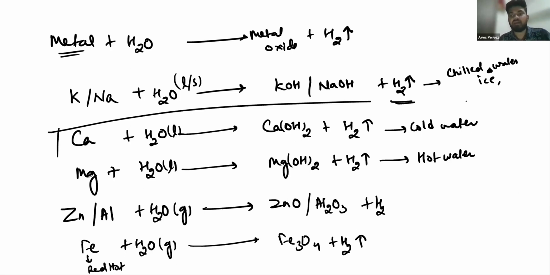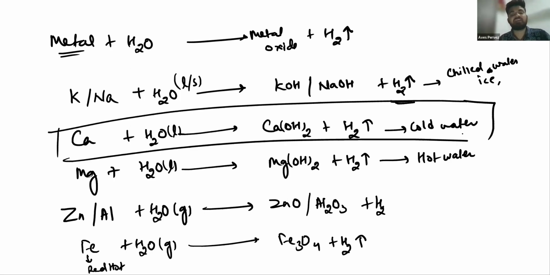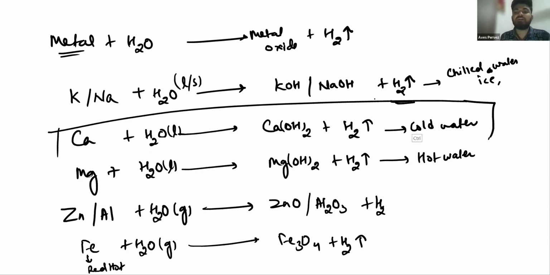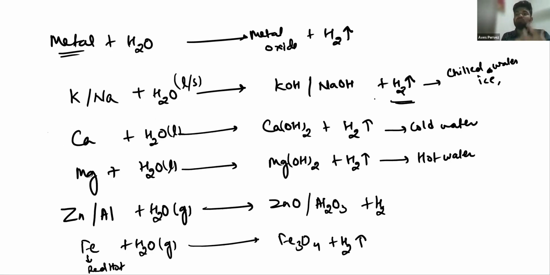But in the case of calcium, the reaction is spontaneous and fast, but less violent. The heat produced is not sufficient to let the hydrogen gas catch fire. So the hydrogen gas is produced and does not burn.